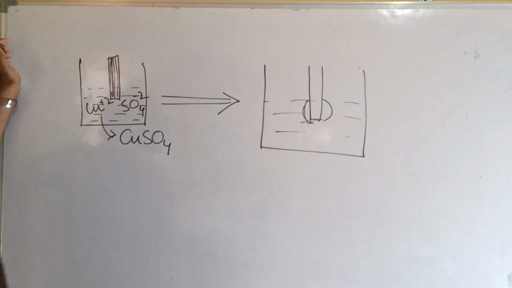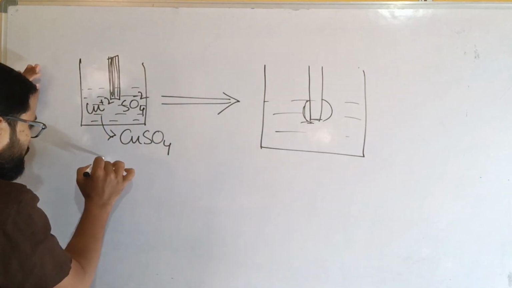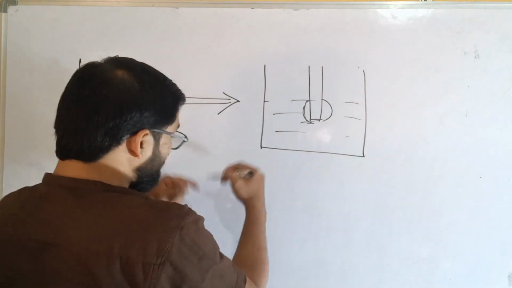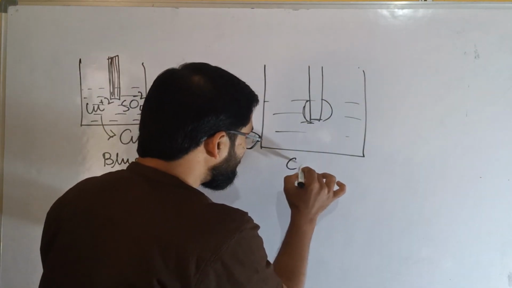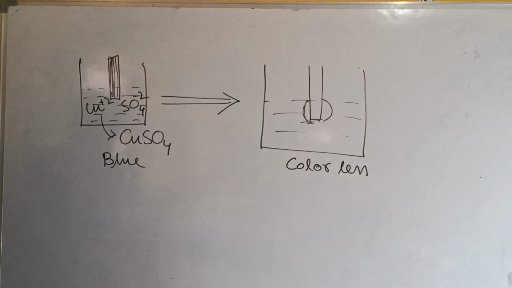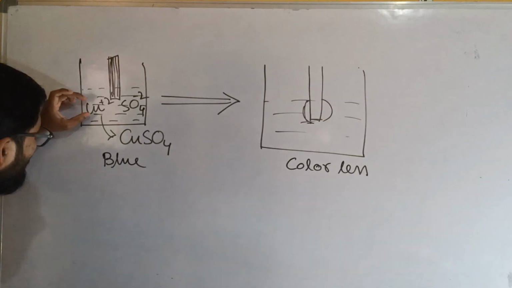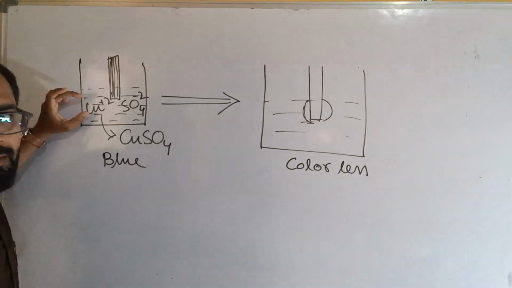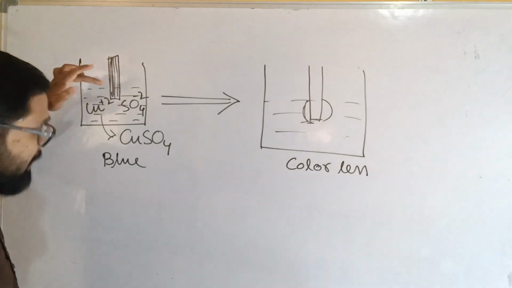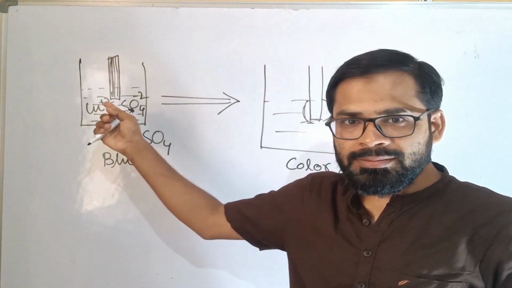Another thing to observe is the color. This copper sulfate solution is blue, but with time we can observe it becomes colorless. It means the copper got reduced, and the zinc from the electrode got oxidized.